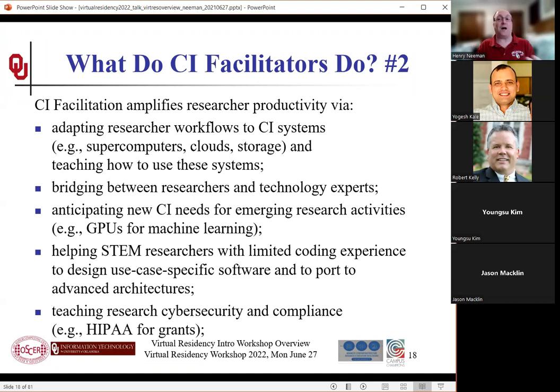So probably the most common example of the last decade or so has been accelerators, especially GPUs, and in particular for machine learning. Helping researchers, educators, scholars, and creatives who have limited coding experience to design software and to port that software to advanced systems.